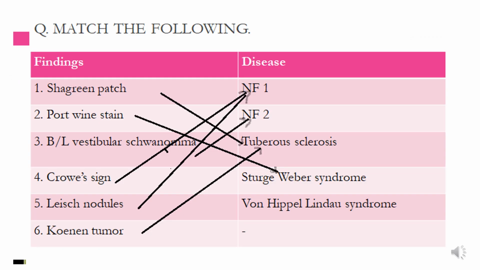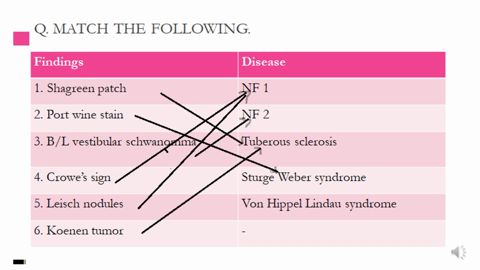So this was all about neurocutaneous syndromes, and now let's try to solve the question which we had seen in the beginning. Shagreen patch, green is vegetable, the vegetable disease was tuberous sclerosis. So shagreen patch is tuberous sclerosis. Port wine stain, wine stir karte hai, so it is Sturge-Weber syndrome. Bilateral vestibular schwannoma, bilateral rule of 2, which was neurofibromatosis type 2.